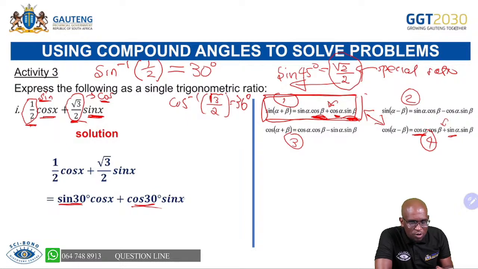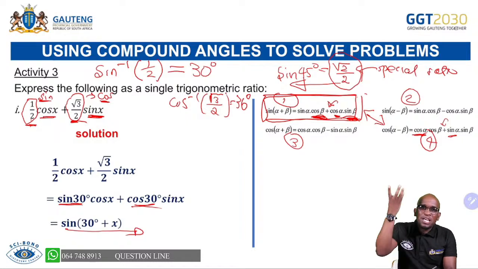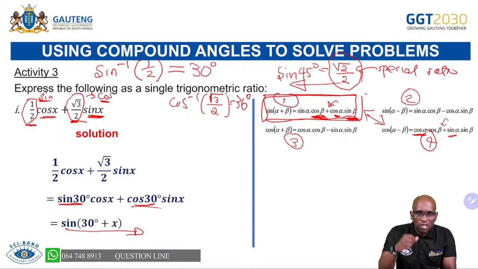So this simplifies to the sine of what? 30 degrees plus x. So we've expressed it as a single trig ratio, making use of the special ratios being taken back to the trig functions of their corresponding special angles, and then we were simplifying using compound angles. Right, we move on.